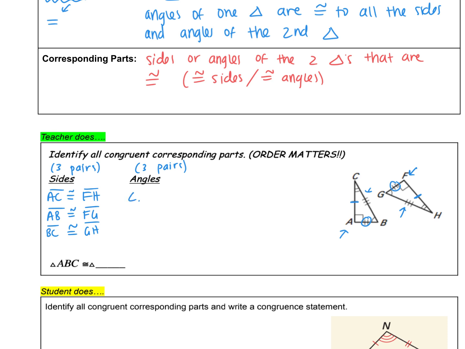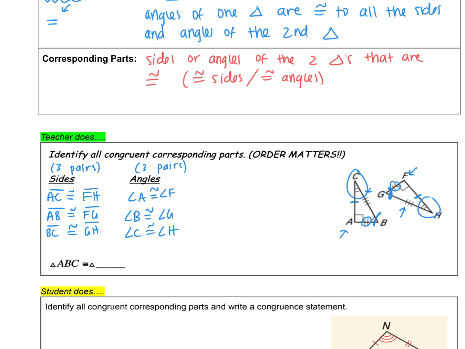I can say that angle A is congruent to angle F. Then if I go with this 1 arc and this 1 arc, I can say that angle B is congruent to angle G. And the last one, 2 arcs and 2 arcs, angle C is congruent to angle H. So those are our corresponding parts. Those are all the pieces that are congruent to each other between the two triangles.